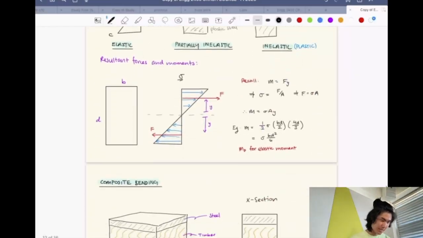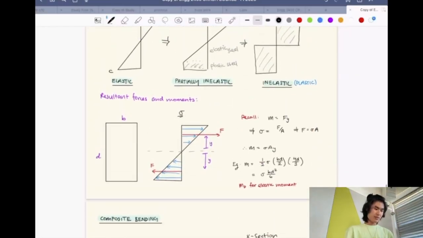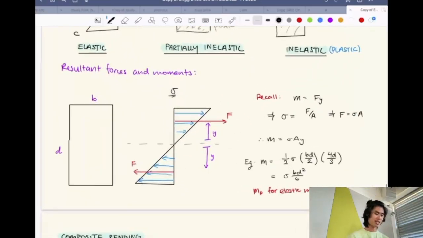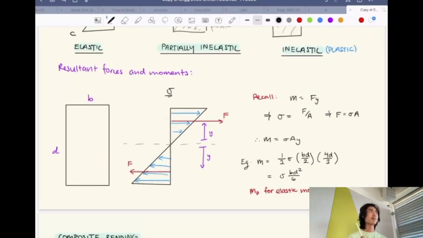Okay. So this is also how you can calculate resultant forces and internal bending moments. What this is basically saying is, you guys remember how stress is another form of force? It's just the force that's been distributed among the entire area, right?